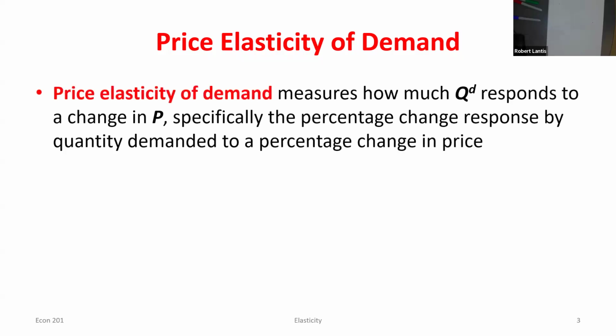So all an elasticity is, anytime you see this word elasticity, you can think of it in your head as the responsiveness of something. So if I'm looking at my price elasticity of demand, whatever the second word is, right?